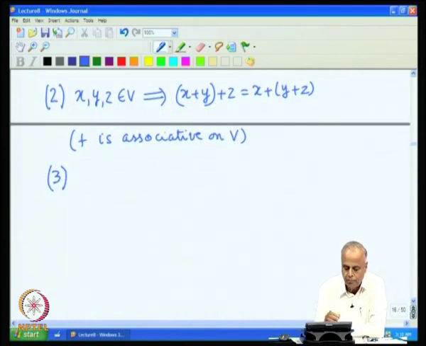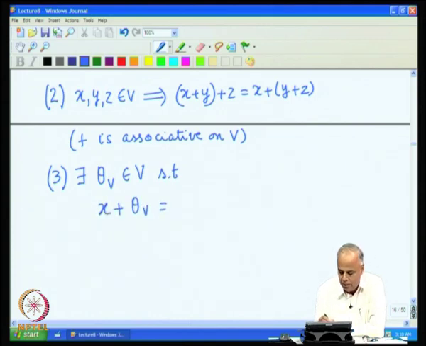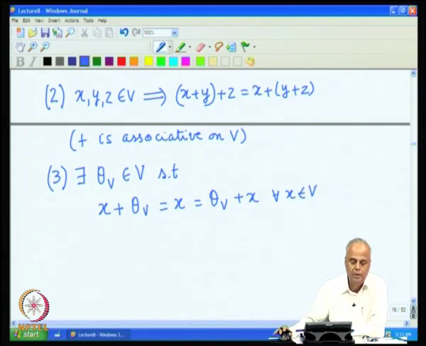Next, we had the role of 0 in real numbers, theta k in R k. Now, we want the theta V. There exists an element theta V in V such that, what was the role of the theta V? When it combined with any element, it produced the same element. That is the rule of theta V.